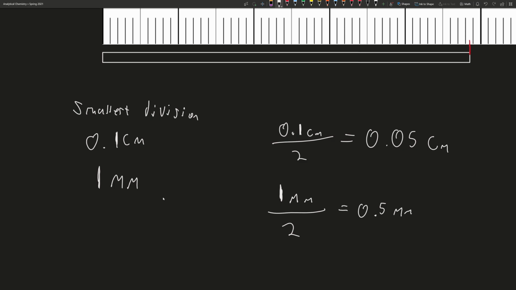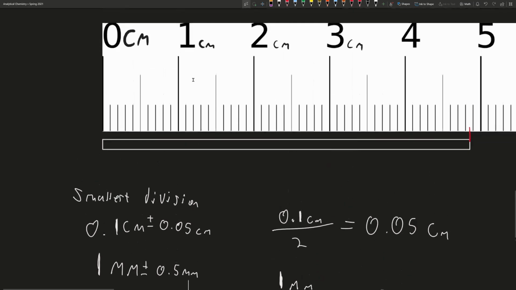We're essentially taking this 1, cutting it in half, so we're getting 0.5. We're taking this 0.1, cutting it in half, getting 0.05. This would mean that the uncertainty associated with these instruments would be plus or minus 0.05 centimeters and 0.5 millimeters. So here we have the uncertainty associated with this centimeter ruler that I pulled up here.